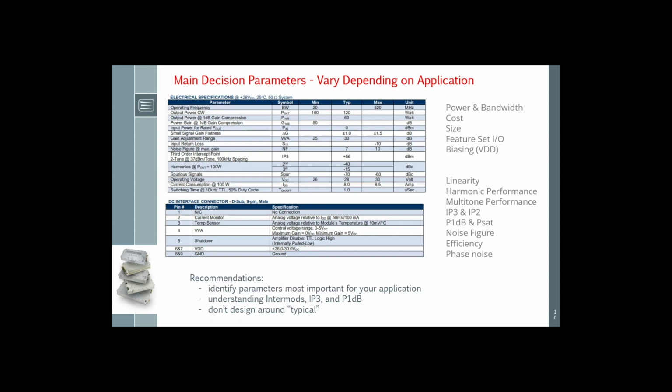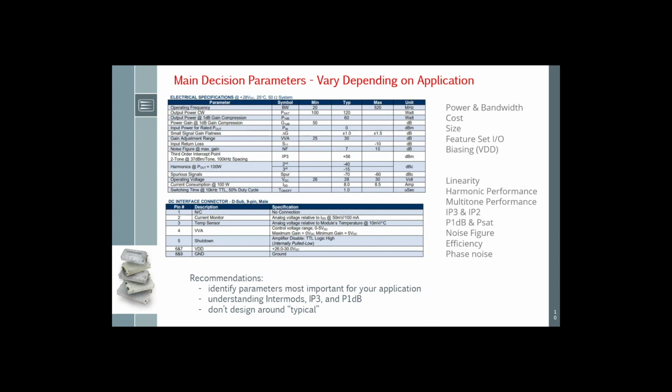You don't want your system to typically work. So you should use the minimum specs or the maximum specs, depending on the condition or the spec itself. So forget typical and go for the minimum in terms of power, intermodulation, things like that, and go for maximum, for example, for frequency response, maximum variation of frequency response.